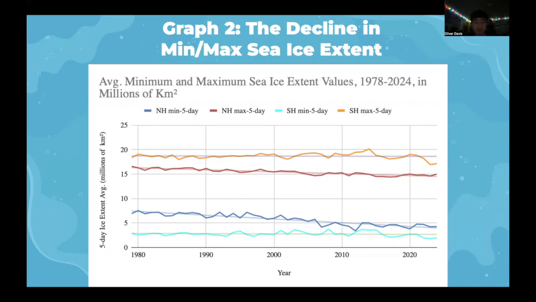The orange and light blue lines represent the southern hemisphere, while the darker blue and red lines are for the northern hemisphere. Although the declines may seem small, they're observable for both minimum and maximum extent in each hemisphere, which is demonstrated by the trend lines. This shows that the ice sheets are melting at rates beyond how much they can grow, meaning researchers can project these trends into the future and predict how quickly the polar ice caps are melting.